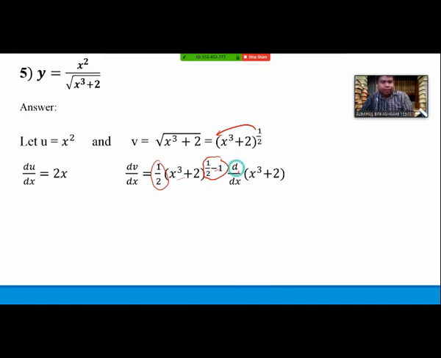And then differentiate x power of 3 plus 2. And then you differentiate the inside of this one. Why do we need to differentiate? Because you have not differentiated x power of 3 yet. So you need again to differentiate x power of 3 plus 2. Okay? You just differentiate the inside of this. This is just u.